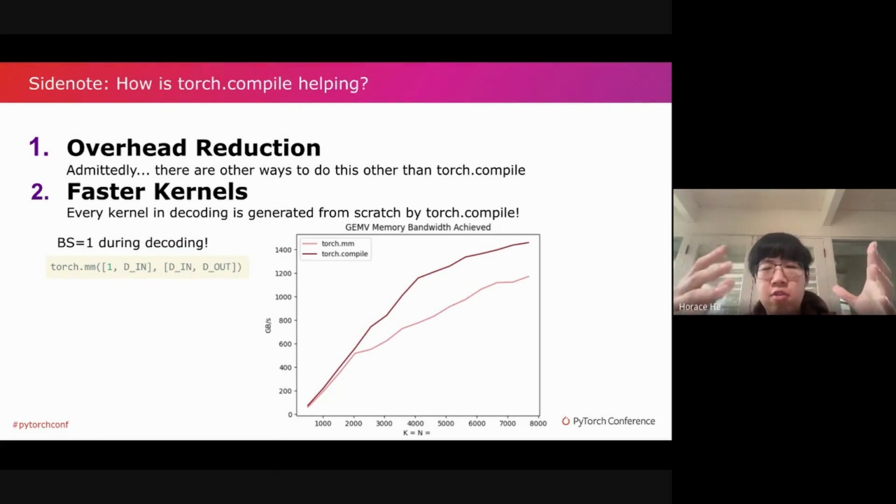In this case, for decoding, we are not leveraging any libraries like cuBLAS or Cutlass or cuDNN. This isn't because we're purposely trying not to use any special kernels. It's because Torch Compile kernels end up being faster in this case during our testing.